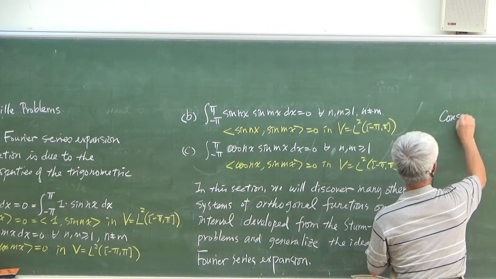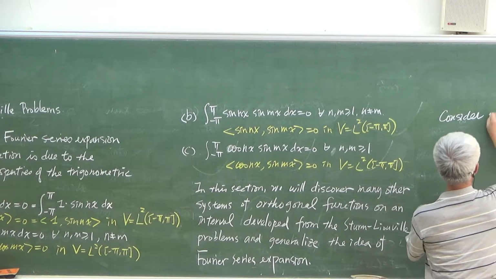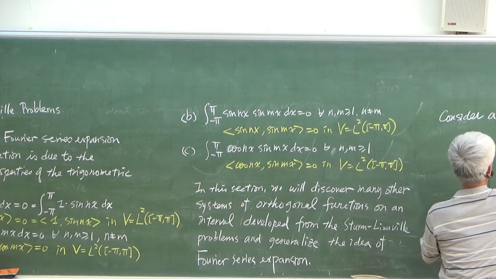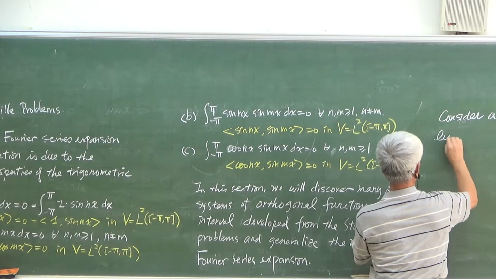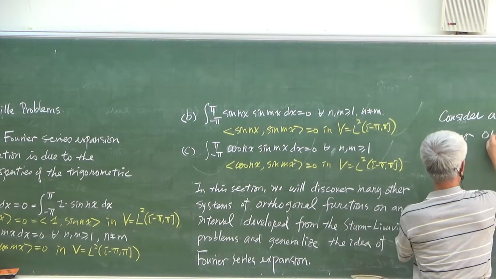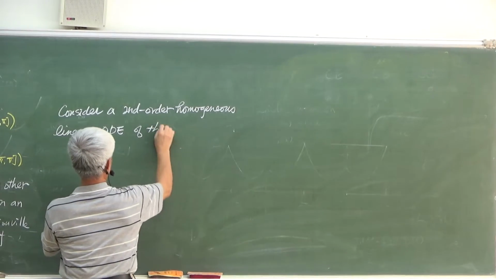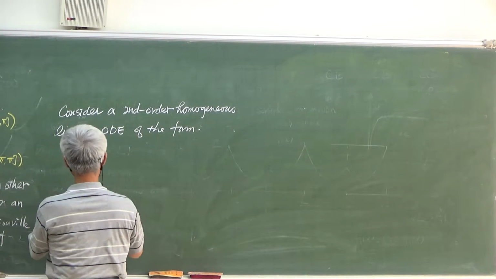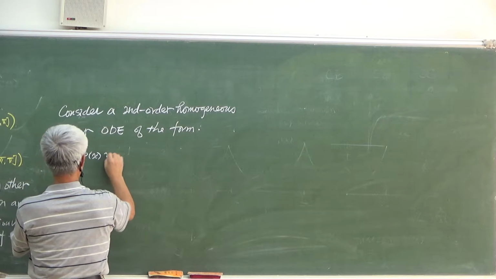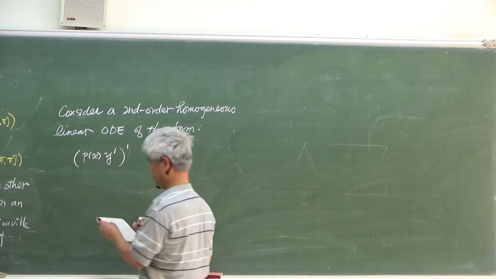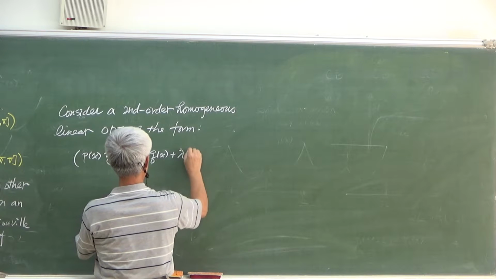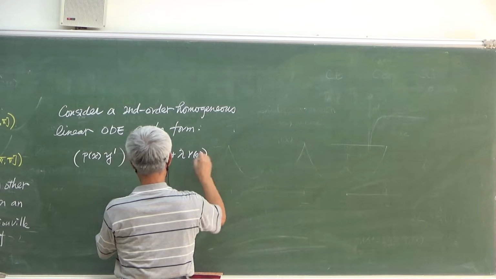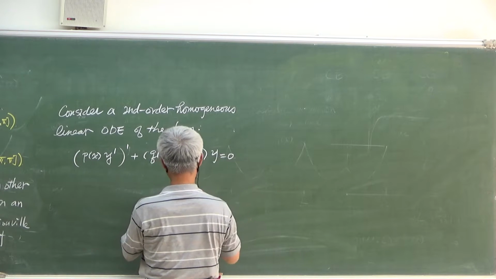All right. So consider a second order homogeneous linear ODE of the form: (p(x) y')' + [q(x) + lambda r(x)] y = 0.